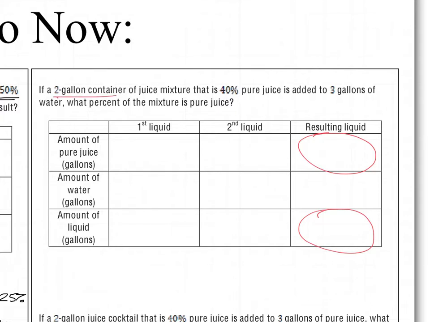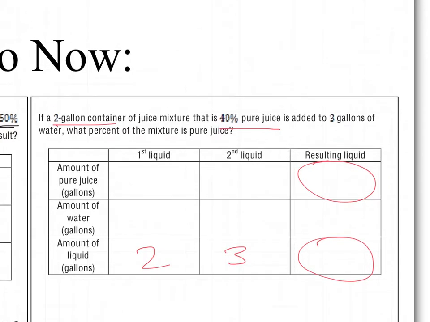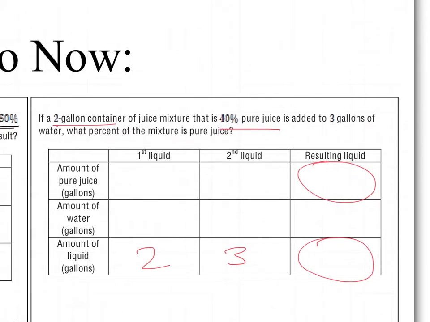So the first one is a 2-gallon juice mixture. The second one is a 3-gallon mixture. 40% is juice, so 0.4 of the 2 gallons is juice, and that means it's going to be 0.8.